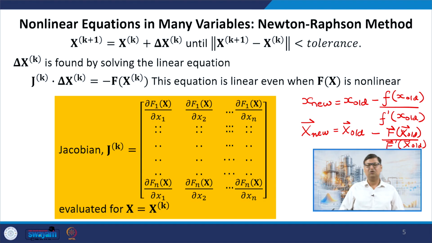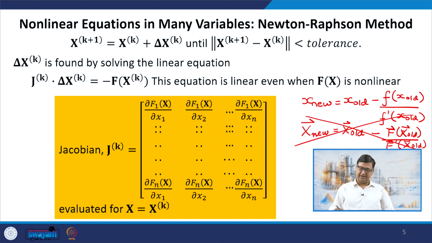So, we do not know how to divide vectors, right. We cannot divide a column vector by another column vector. So, clearly this is not the correct extension. The correct way to extend that is by defining some kind of a Jacobian, which is defined like this, right.